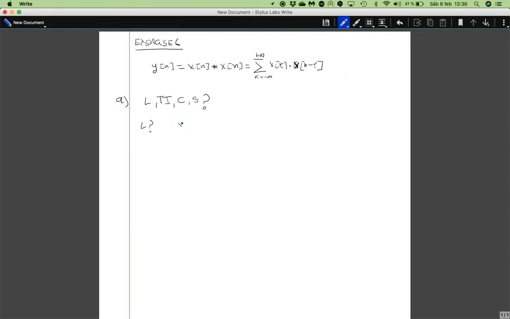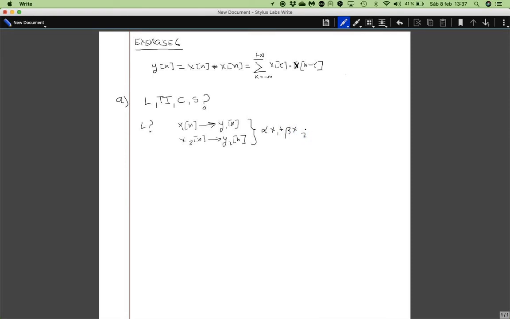For that, we take an input x1[n], for which we will get an output y1[n]. We take another input x2[n], for which we will get an output y2[n]. And we make the linear combination: we take a coefficient alpha multiplied by x1 plus another coefficient beta multiplied by x2.